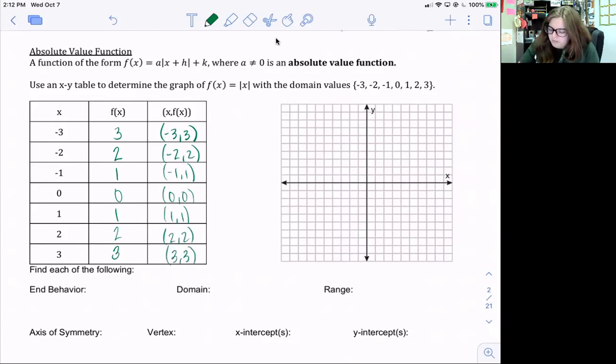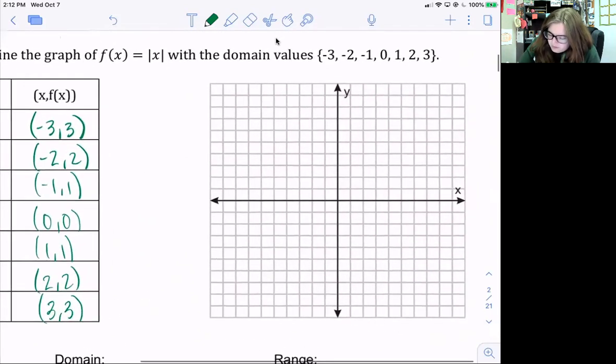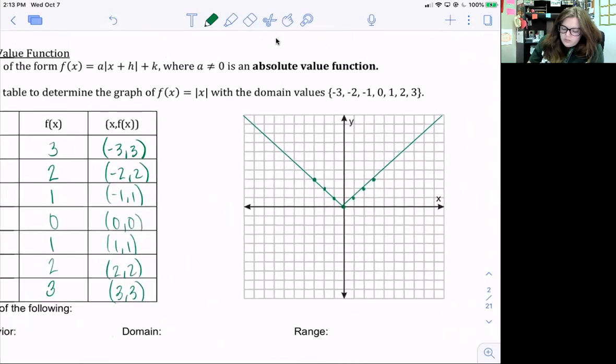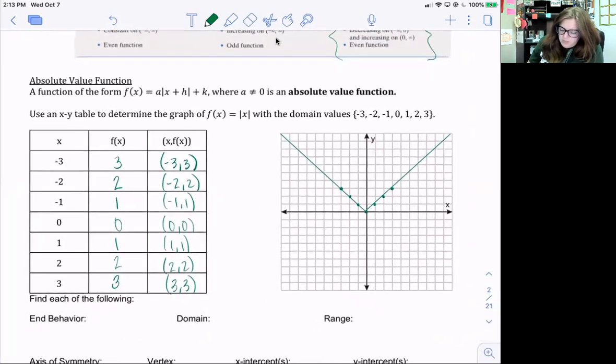So if we graph each of those ordered pairs that we just found, we get a V-shaped graph. Let's try that again. Now we can look at this and find the end behavior.